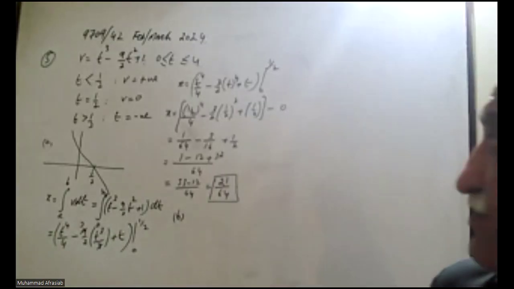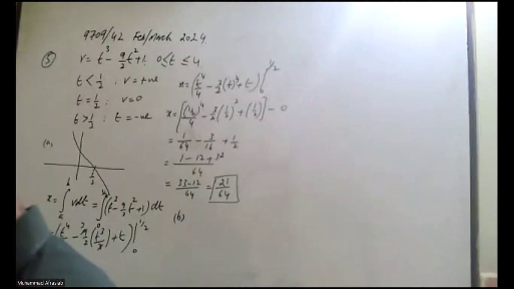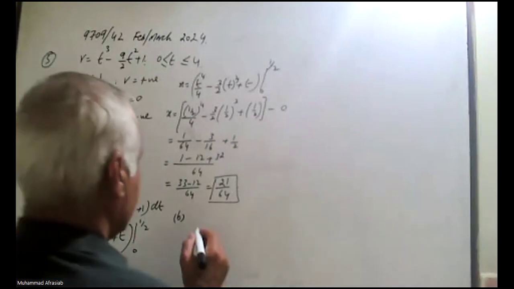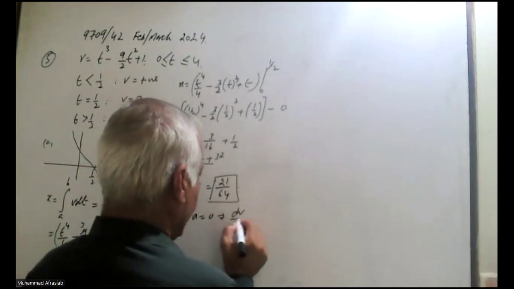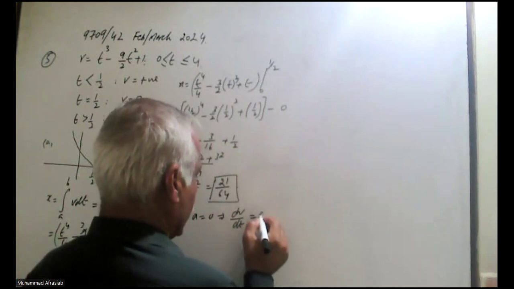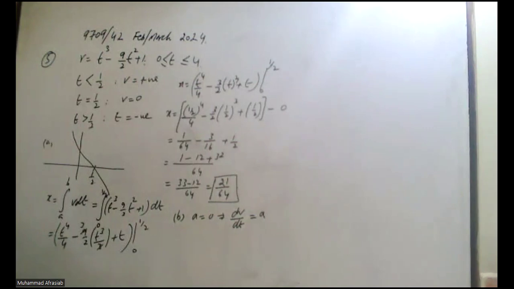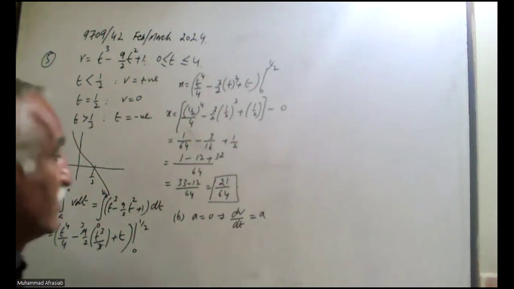We know one thing, that the acceleration is zero, where dv by dt is basically equal to acceleration. So you are going to differentiate the velocity, where velocity is equal to t cube minus 9 over 2 t square plus 1.